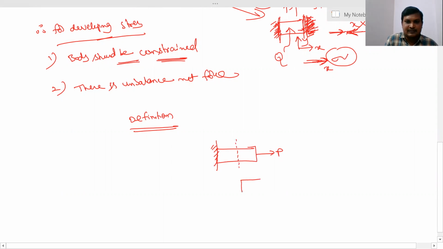So this applied force on the right side is resisted by the internal resistance force, which acts on this area.